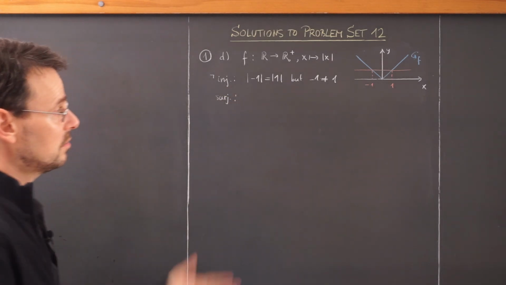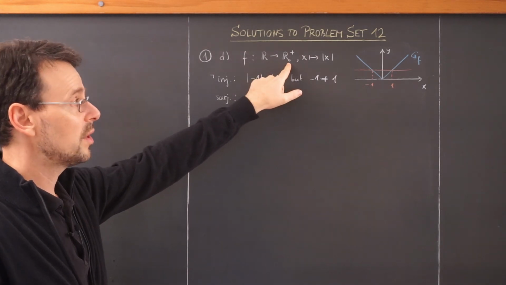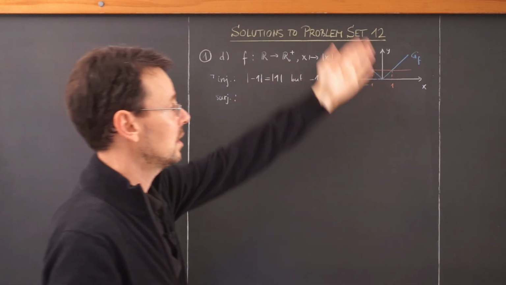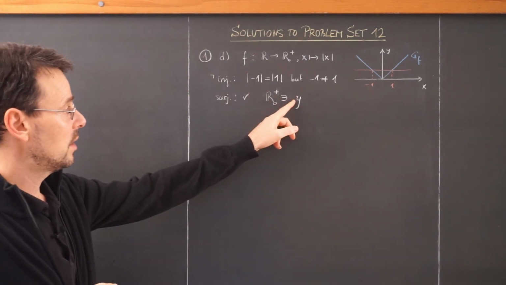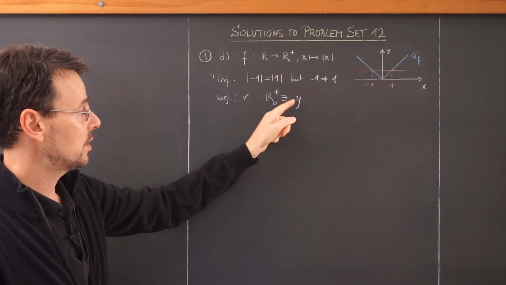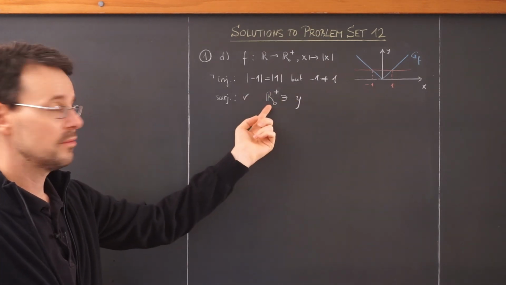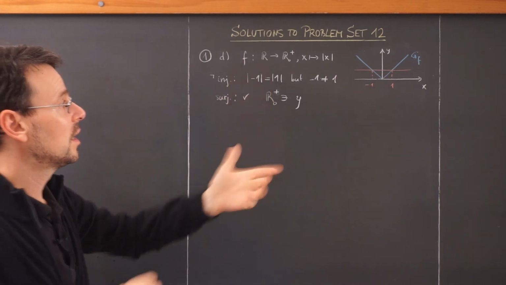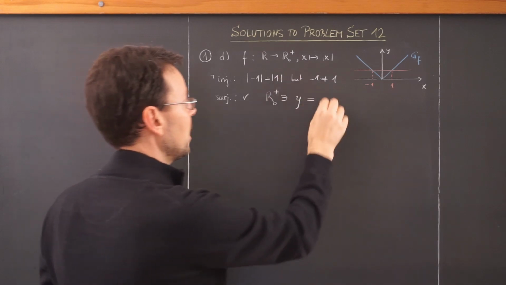Is it surjective? Clearly, because we restricted the codomain to the non-negative numbers. So if I take any non-negative number, sometimes if you're lazy, you can write it like that and then go on in this direction. y is an arbitrary element of the non-negative real numbers, and I have to find a pre-image under f.